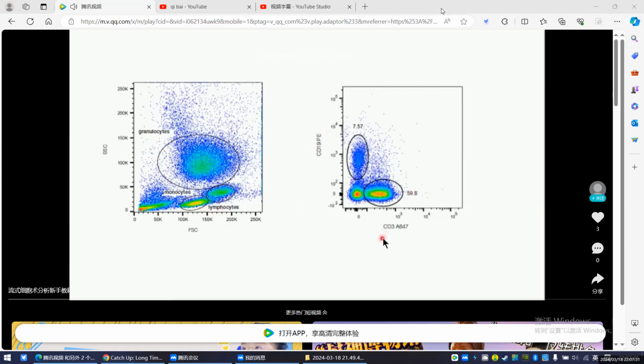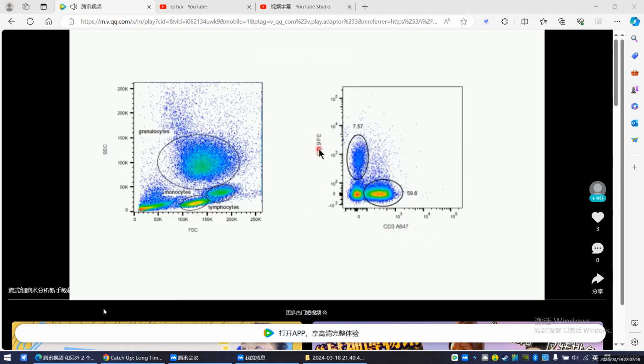On the x-axis we have CD3 and on the y-axis we have CD19. What is happening here? For the CD3 molecule, we used an antibody against CD3 which was labeled with Alexa Fluor 647, a fluorescent dye.